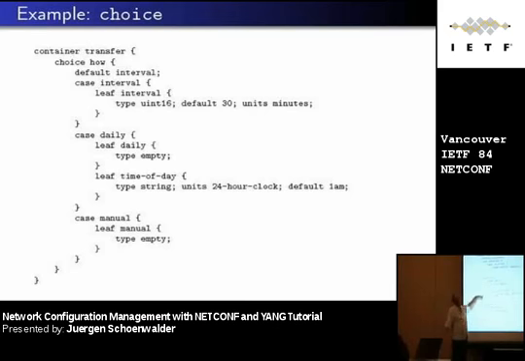So this is just a case for a choice. If I have a different strategy to distribute and trigger my update, I can just augment something into this choice here, have a different case, and then the configuration will get extended. The choice in this case is not visible on the wire. So in the configuration, you would either see an XML element called interval, or you would see two XML elements, daily and time of day, or whatever you want to augment in the future.